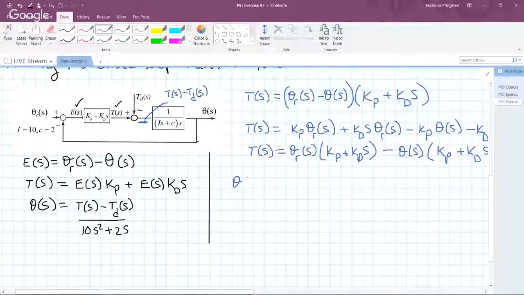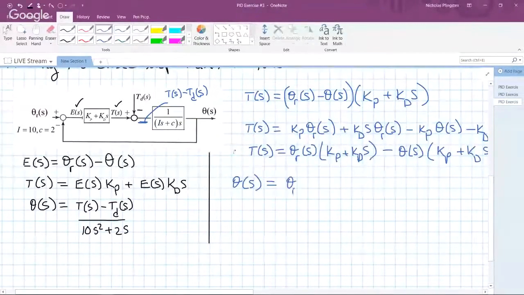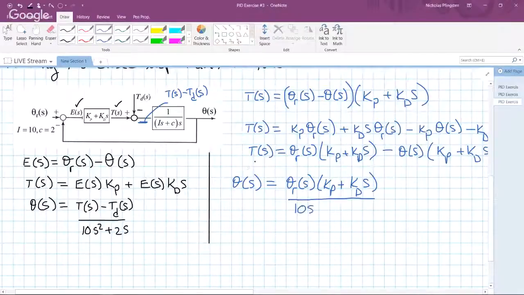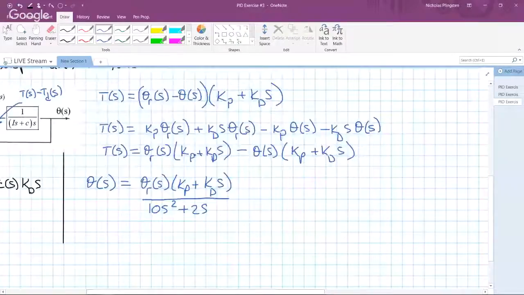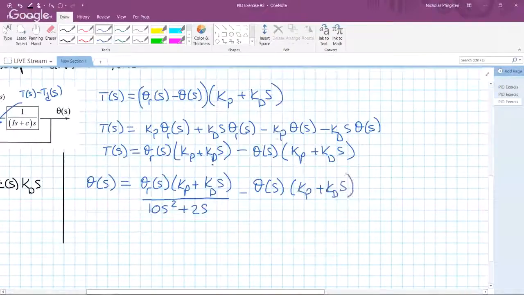So theta of s is going to equal theta r of s times Kp plus Kd of s all over 10s squared plus 2s, minus theta of s times Kp plus Kd of s all over 10s squared plus 2s.